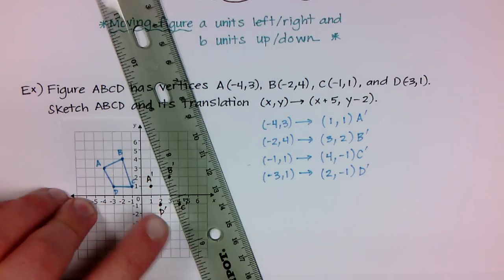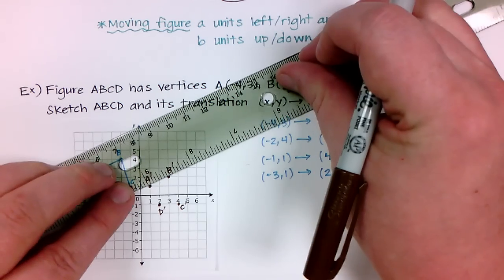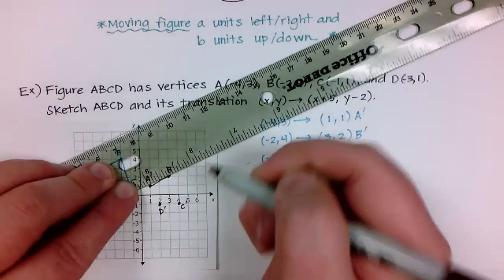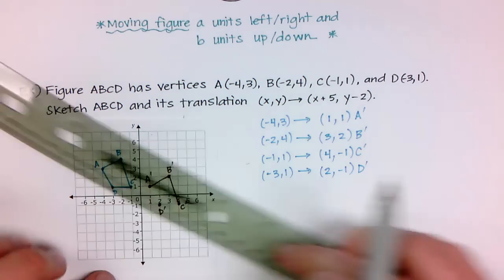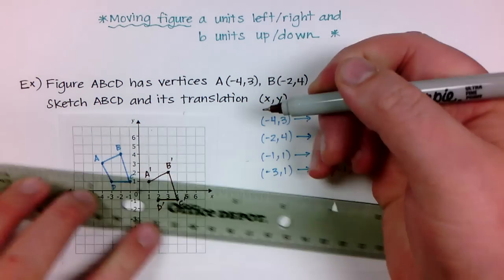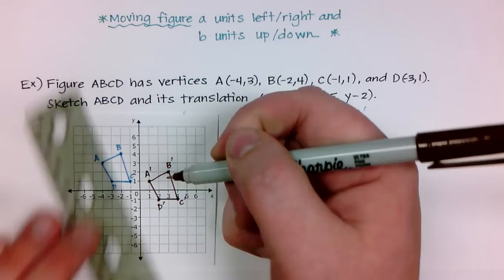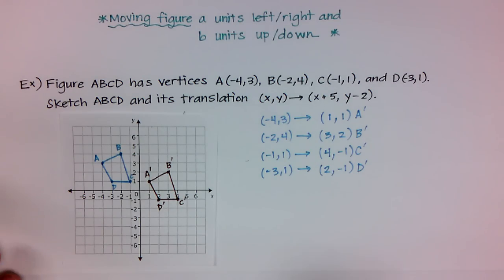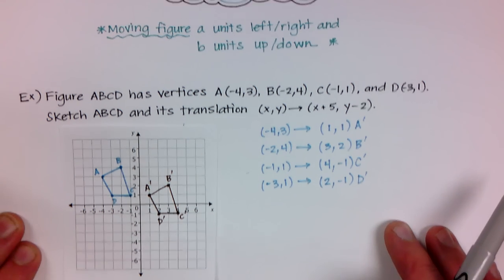And then I can connect all these dots in the same order. And now I have successfully translated the first image into a different position for the second image. And this is all that you might be asked to do for translations in the book.